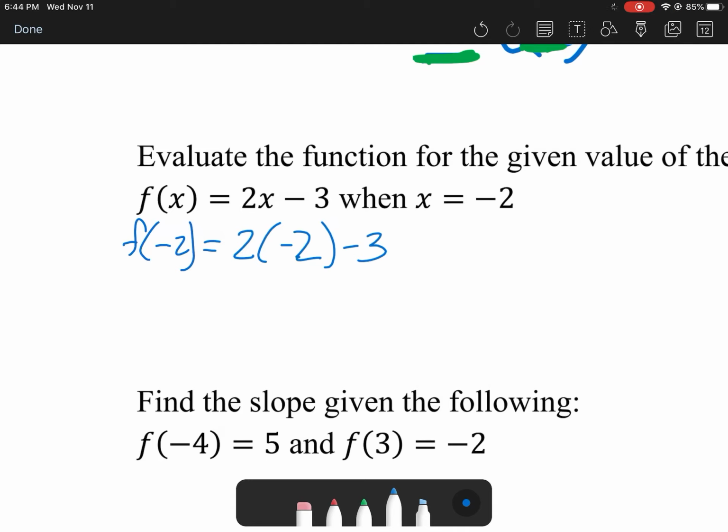So this says in my function, when x is equal to negative 2, my output value is equal to negative 7. So really this is telling me my coordinate point, negative 2, comma, negative 7.